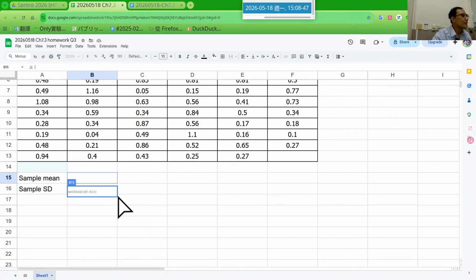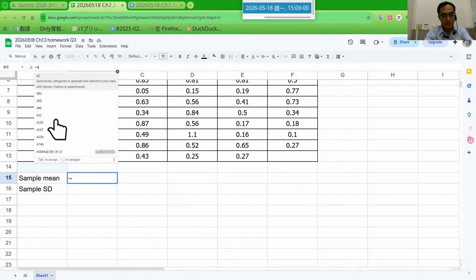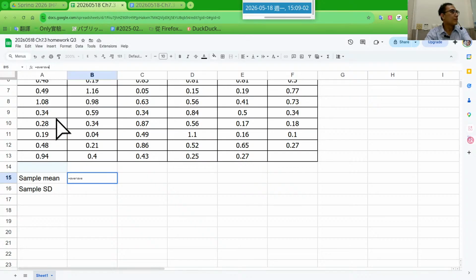Sorry. Let me redo it again. Click this cell, and move to the function. Click equal, and you can type average. What's wrong with that?